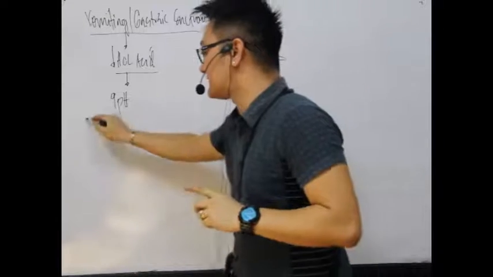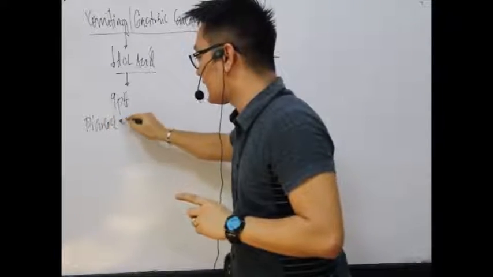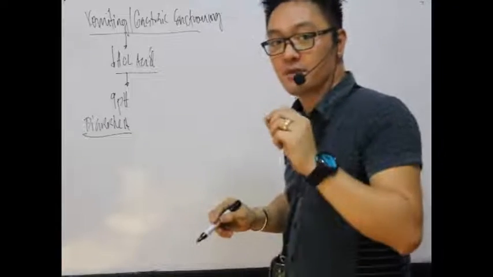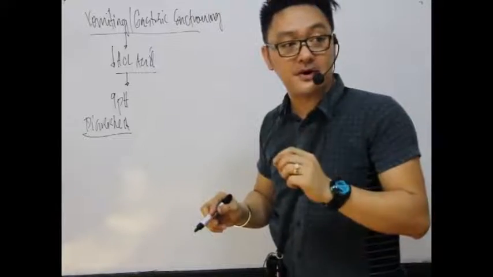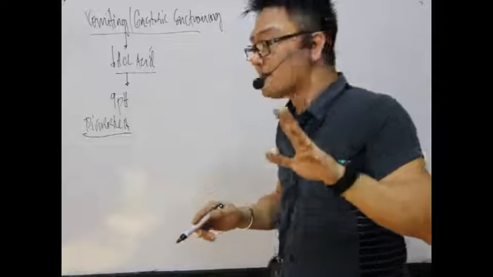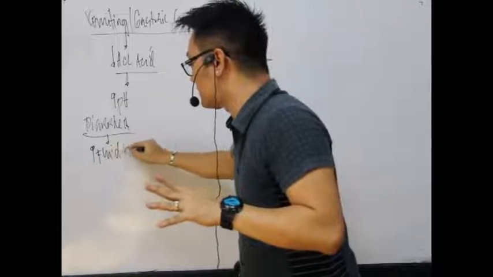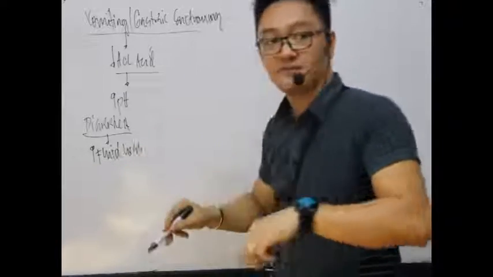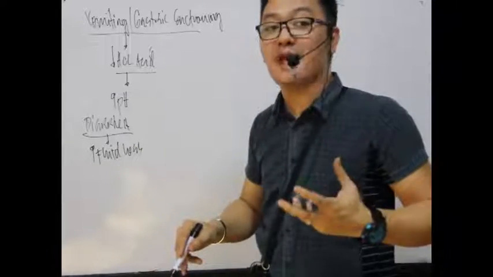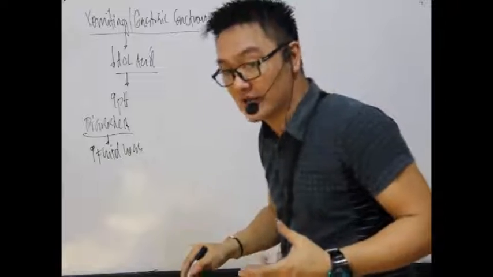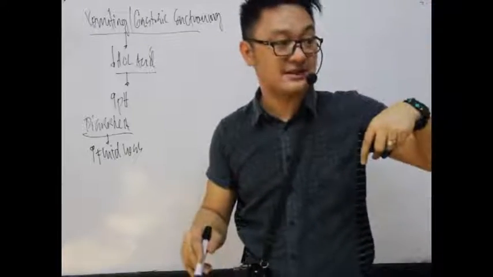Another condition is diarrhea. Remember, if there is diarrhea, there is fluid loss. Therefore, in diarrhea, there is increased fluid loss. If you lose fluid, what will happen to the hydrogen concentration? It increases or decreases?